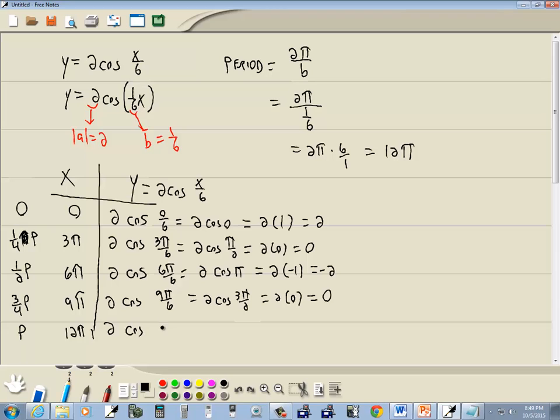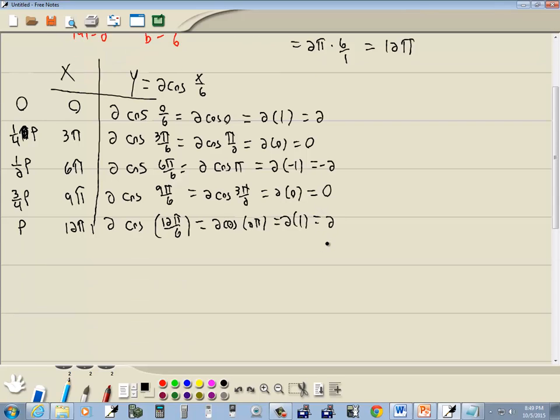And we have 2 cosine of 12 pi over 6, which is 2 cosine of 2 pi, which is 1, so 2 times 1 is 2. And that's our t-chart.